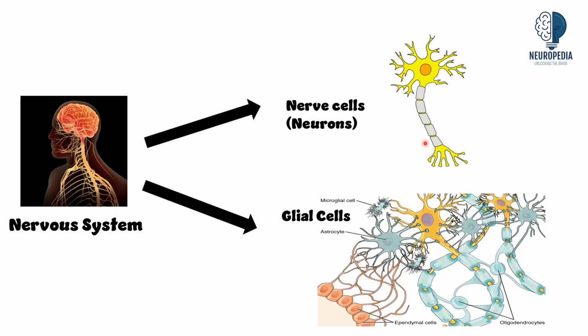Neurons are also known as nerve cells and they are the primary functional units of the nervous system. They are responsible for transmitting and processing information through electrical and chemical signals. Glial cells are often referred to as neuroglia, and they are supportive cells that play vital roles in maintaining the health and functions of neurons.